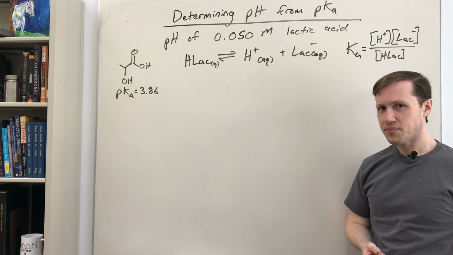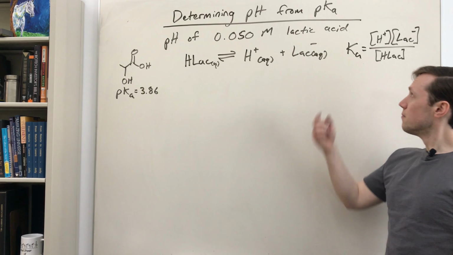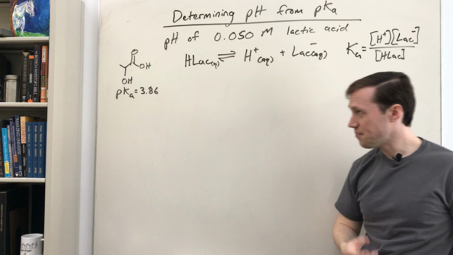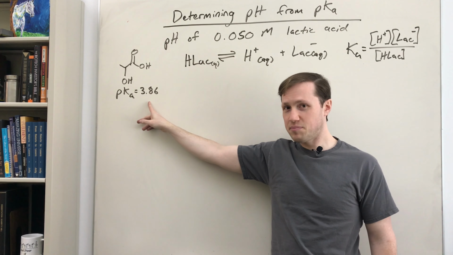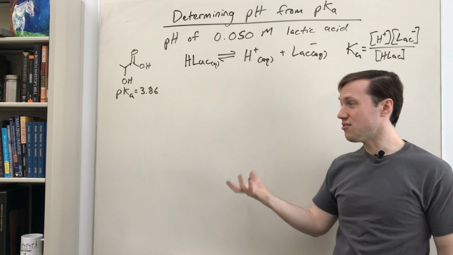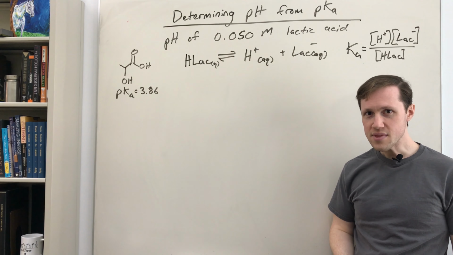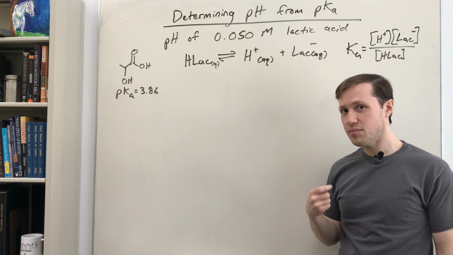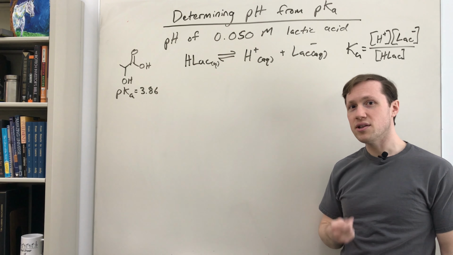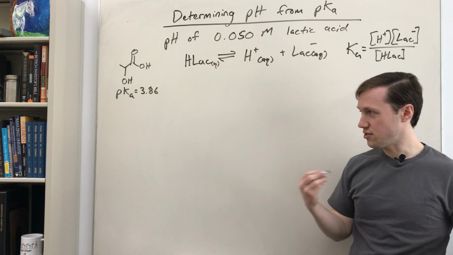So with that said, what other information do we need? Well, this expression is using Ka, but all we have is pKa. So one of the things that we'll want to do first here is convert our pKa into a Ka. To do that, we can use the same formula that we used to convert from pH into H+ concentration.